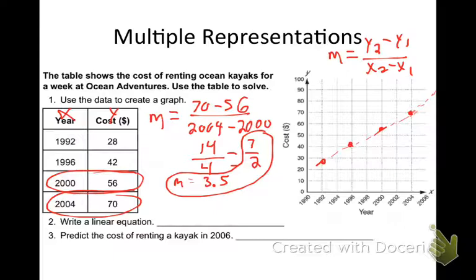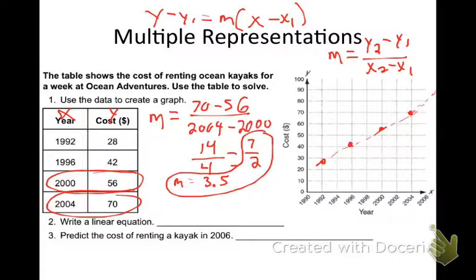Okay. Next, now I need to write an equation. Well, to write an equation, I plug it into point slope form. Usually always the most popular. So point slope form, remember, is y minus y1 equals m parentheses x minus x1. What coordinate would you like to use, Maddie?